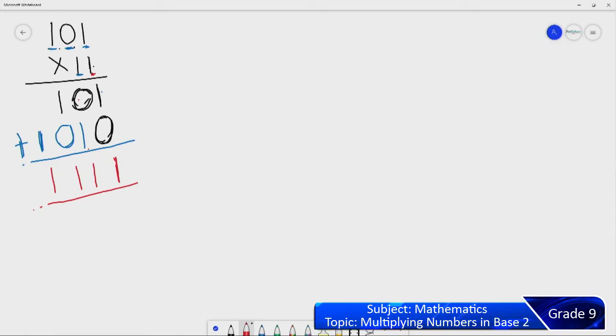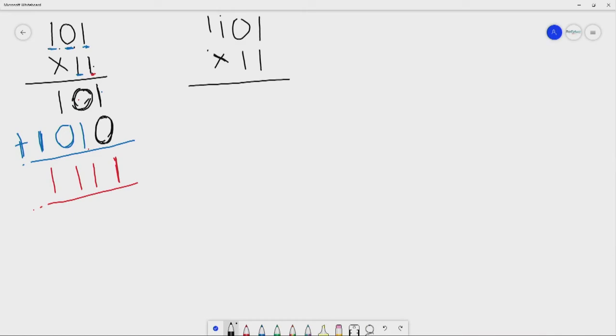Let's try another example. This time we're going to multiply 1101 by 11. Pretty much similar to the one that we did before, except there's an extra 1 in front. We start again with the 1 furthest to the right, and we know that anything that we multiply by 1 will just give us back the number itself.